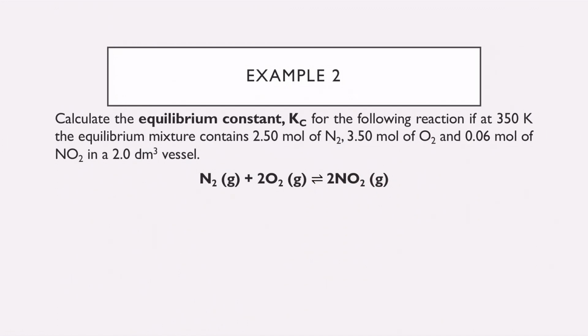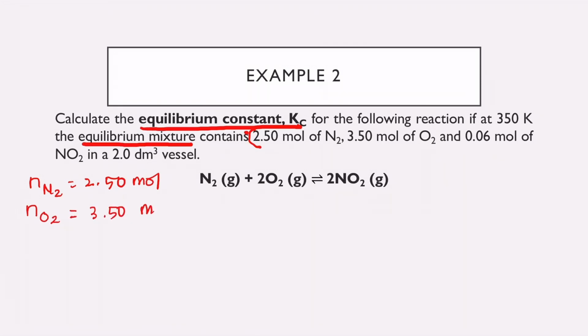So the question asks you to calculate the equilibrium constant Kc for the following reaction, if at 350 Kelvin the equilibrium mixture, this mixture is already in equilibrium, contains 2.50 mole of NO2, 3.50 mole of oxygen, and 0.06 mole of nitrogen.